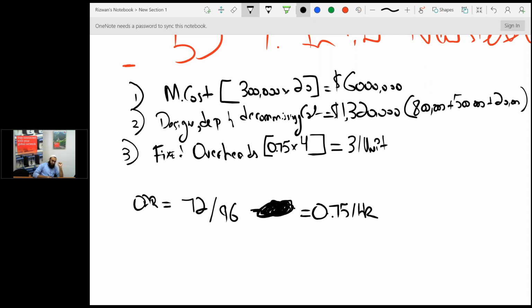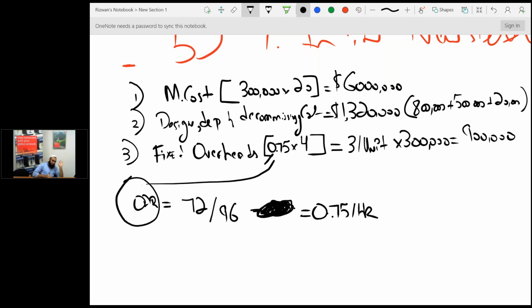Then you multiply this with the number of units, and those are 300,000. So this gives you a total of 900,000. So in this particular question, it was important to calculate OAR and then absorb the overheads on the basis of the OAR calculated here.